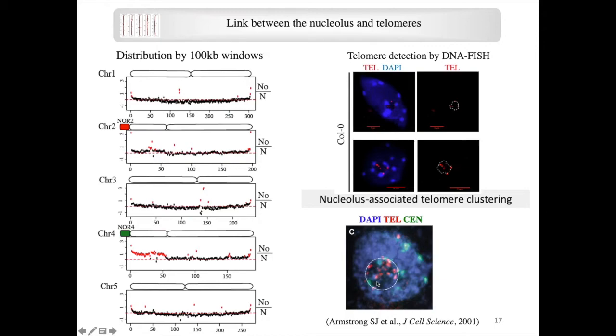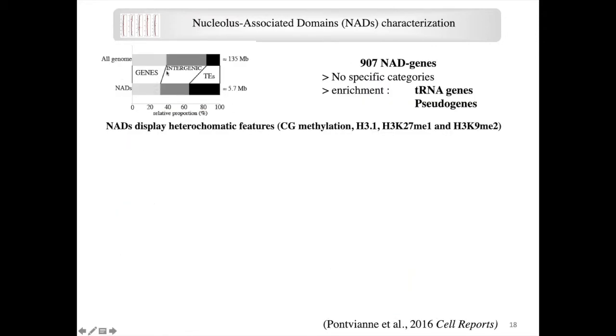We also have additional regions, and if we take all of them, we can see that they are enriched in transposable elements and depleted in genes. However, we still find 900 genes in this area. Although there are no specific categories, we can find enrichment of pseudogenes and tRNA genes. Globally, these NADs display heterochromatic features, including CG methylation and H3K9 methylation.